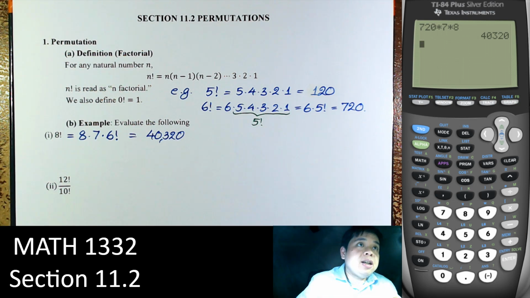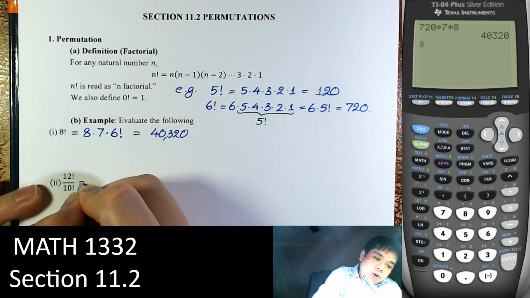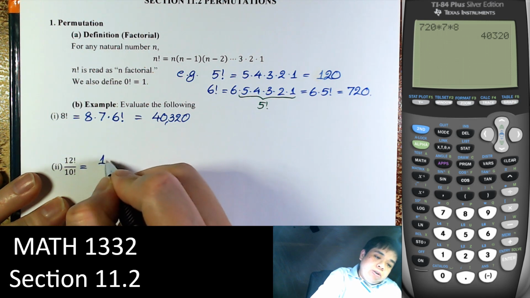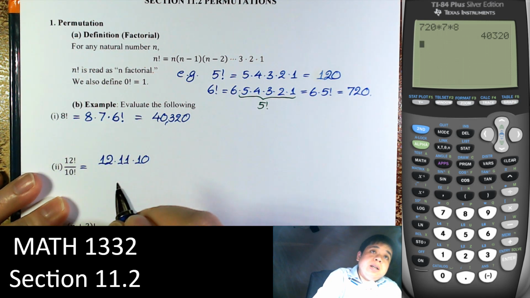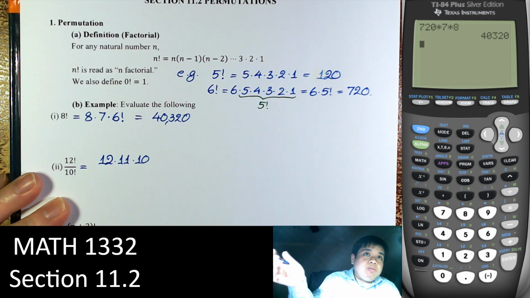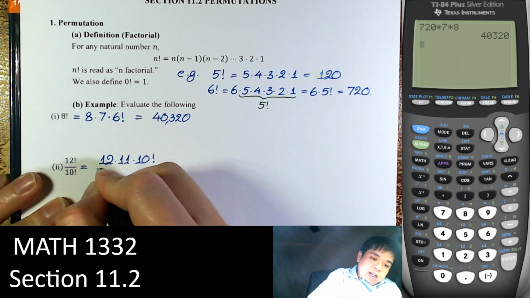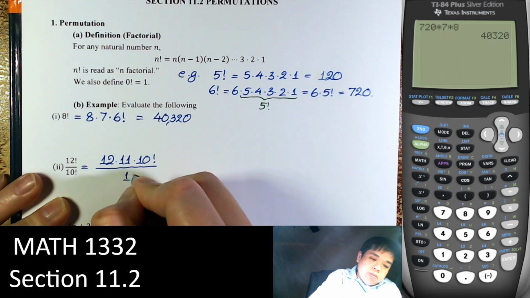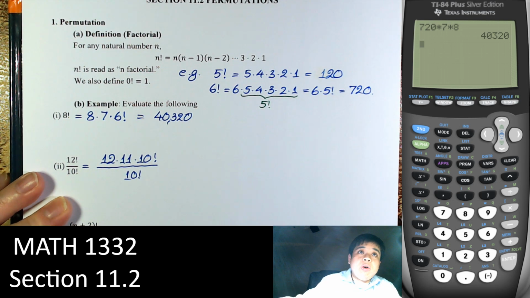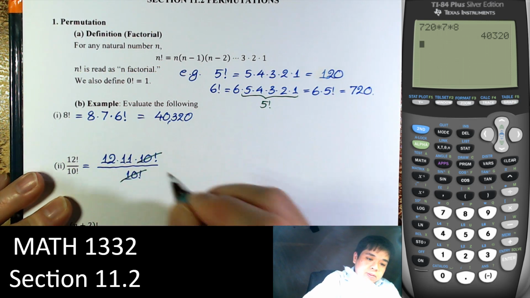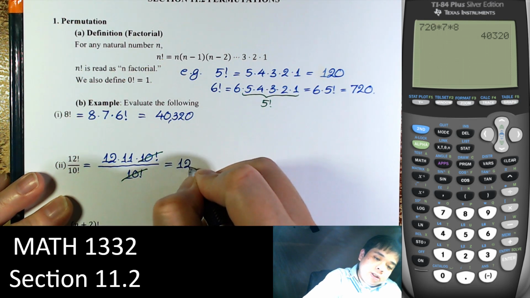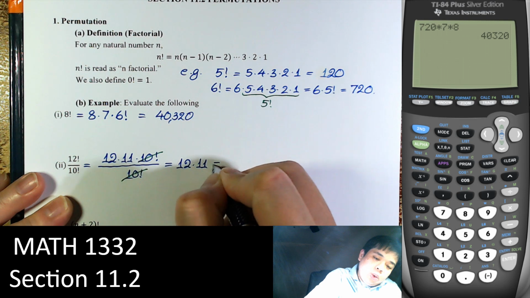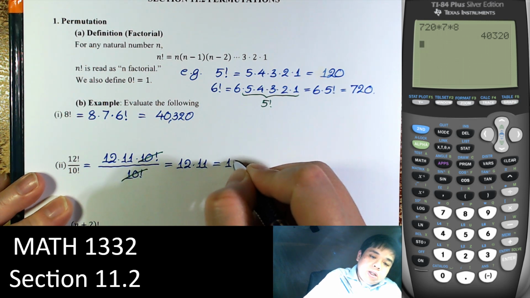Next we have 12 factorial over 10 factorial. If we write out 12 times 11 times 10, and then 9, 8, but I just want to stop here. The reason I stop at 10 factorial is because we do have 10 factorial at the bottom. That gives us 12 times 11, which is 132.